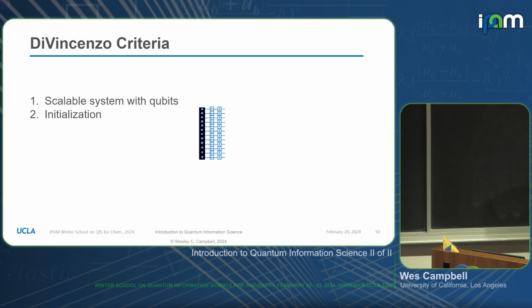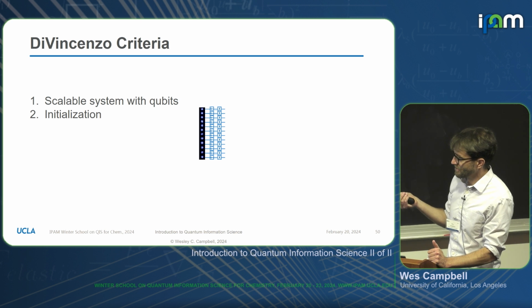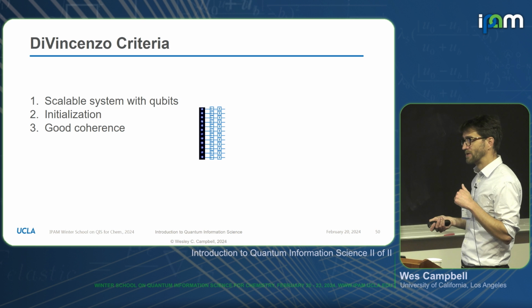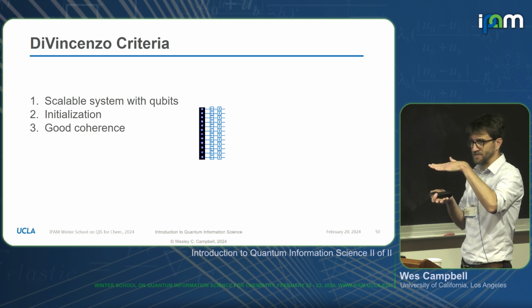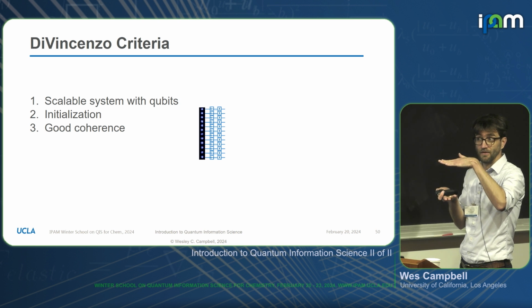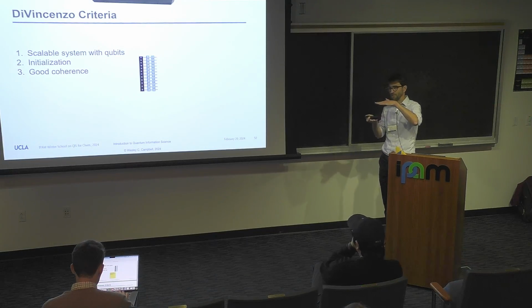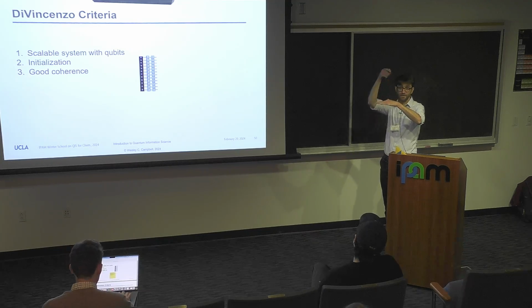All right. So here I've written this as if we're doing measurements and then conditional rotations, as I mentioned earlier, but you could do this however you want. The third thing is good coherence. So I mentioned that we have to be able to have the energy separation between the states be really well defined. The reason is that if the 0 state and the 1 state have different energies, as a function of time, the 1 state has a e to the minus i energy times time.